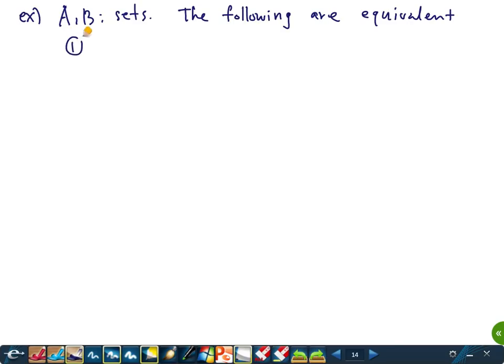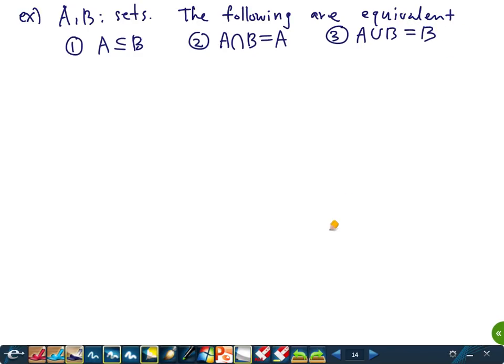So 1, A is a subset of B, 2, A intersect B equals A, 3, A union B equals B. So what this means is that these 3 statements are all equivalent. This is equivalent to this, is equivalent to this, and this is equivalent to this.